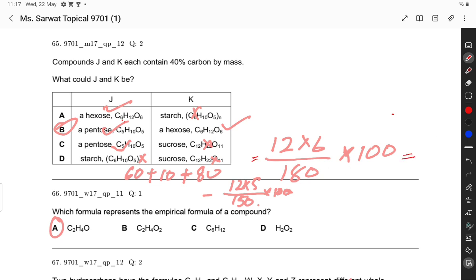So this is equal to 40%. 12 into 6 divided by 180, into 100, is equal to 40. This is equal to 140 and C6H10O5.